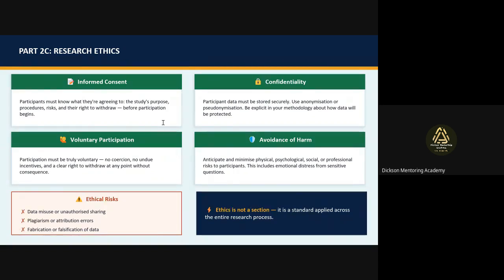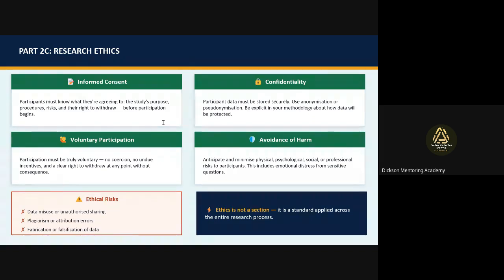So what are the core principles of ethical research? One is informed consent. If you are carrying out research that requires human participants, the participants must know what they are agreeing to: the study's purpose, the procedures, the risk, and their right to withdraw before participation begins. So this is very, very important.